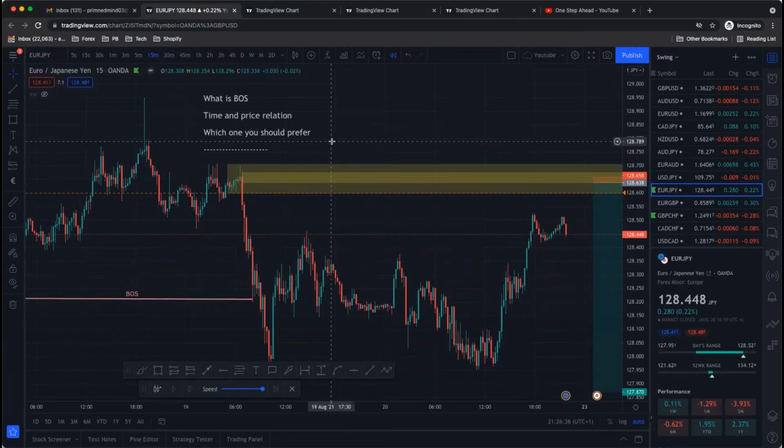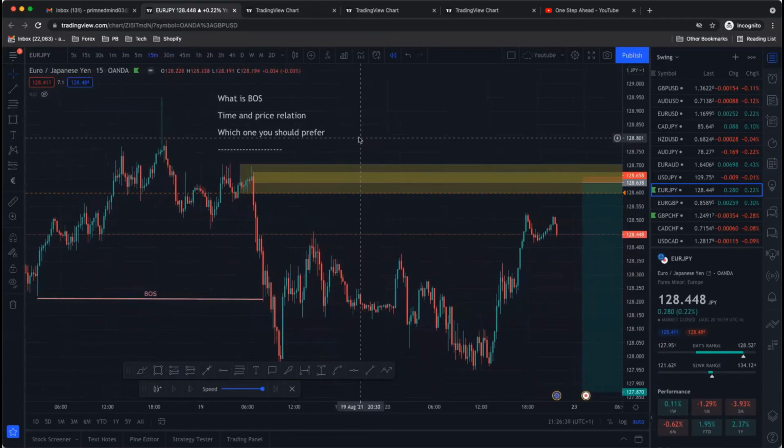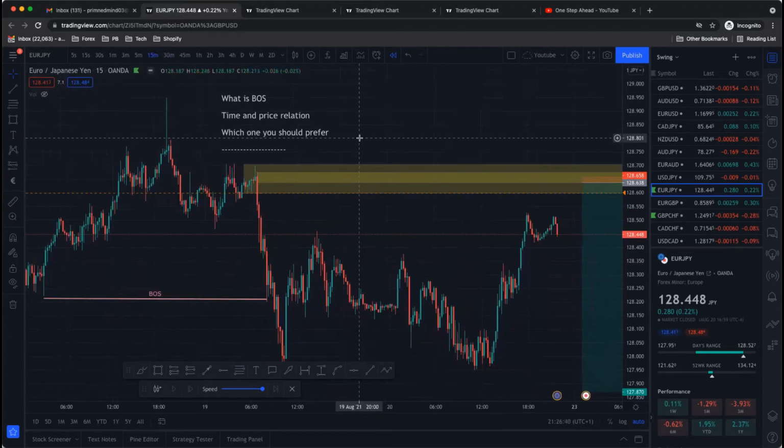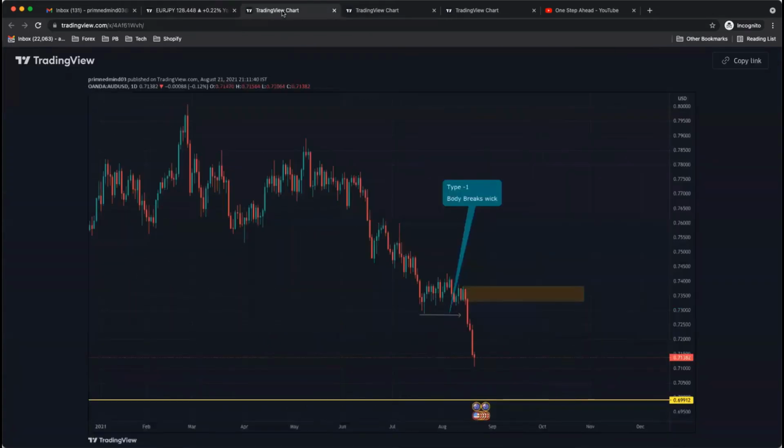Type 1, which I call body breaks wick. Once you mark the solidified lows and highs, this is a wick which is broken by the body of the candle.